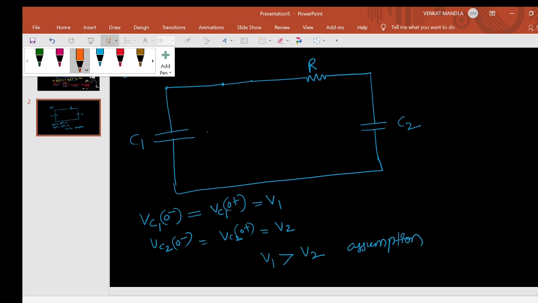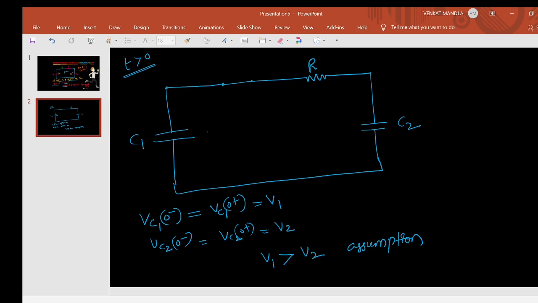So in this question, V1 is greater than V2, that is, V1 is present here initially at t equal to 0 plus. I am talking about t equal to 0 plus. Initially here we have V1, here we have V2, the voltage across capacitor C1 and the voltage across capacitor C2.